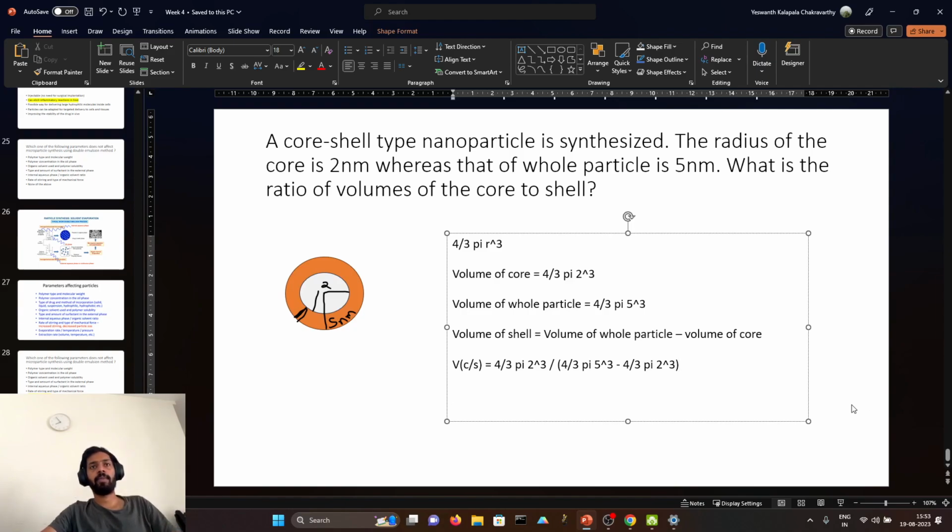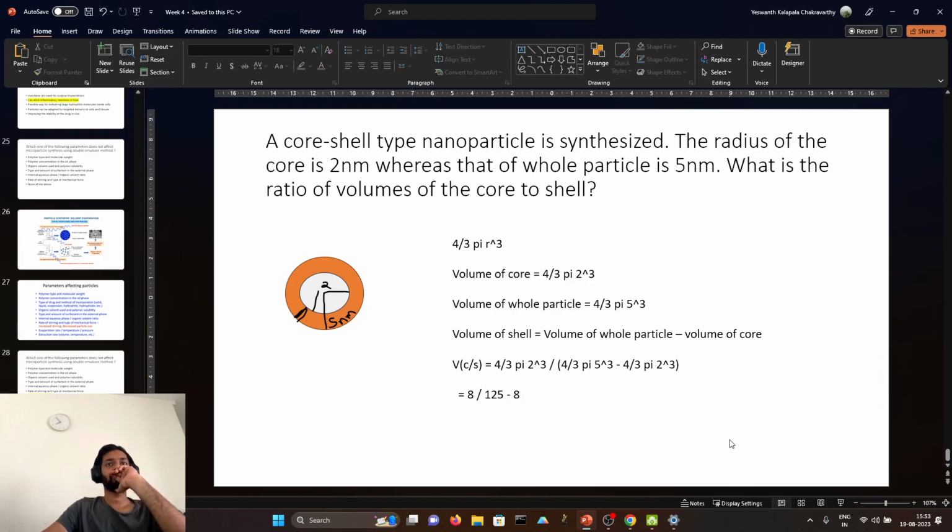So if you bring out 4 by 3 pi, you'll have 8 divided by 5, 25 is 125, minus 8. Is that correct? Yes. So that will be your ratio of volumes of core to the shell. So shell in this case is basically the orange part and core is the white part, and the whole particle is white plus orange.